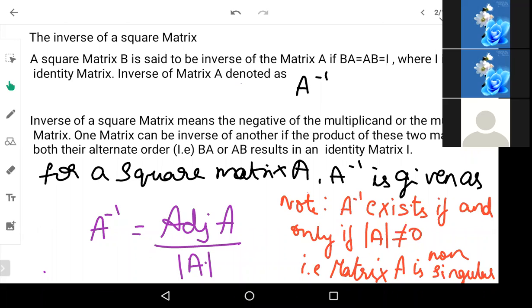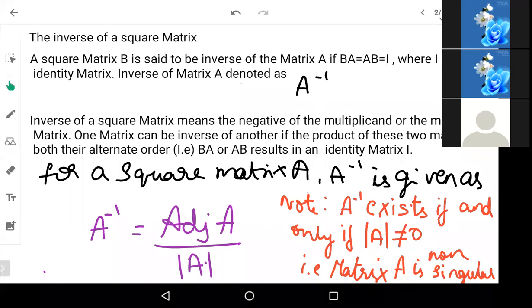It will show you error. So the determinant of A should not be equal to 0. Then that is called a non-singular matrix. We'll understand this in the next topic. Whenever determinant of A is not equal to 0, that is called a non-singular matrix.